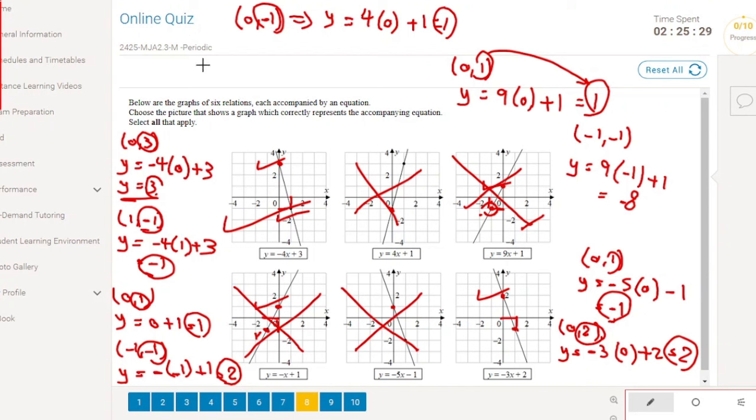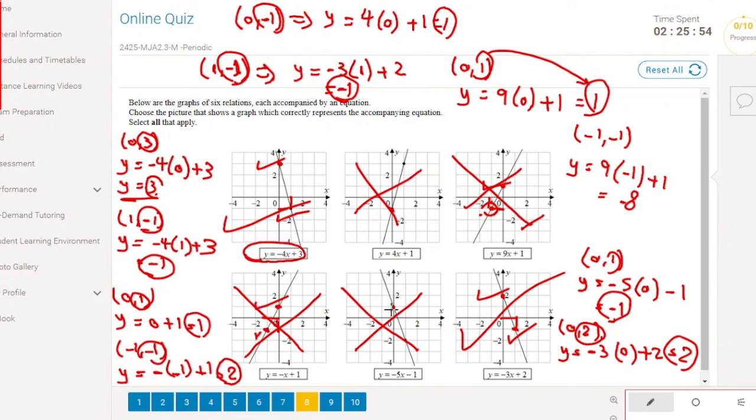We'll apply the equation y equal to minus 3 multiply 1 plus 2. So it will be equal to minus 1. This is minus 1, this is minus 1. So the second point also is right. So this graph is right. So this graph and this graph are the right answers.